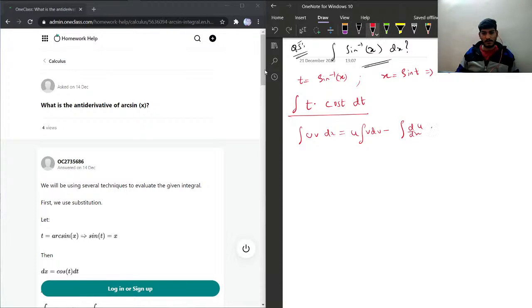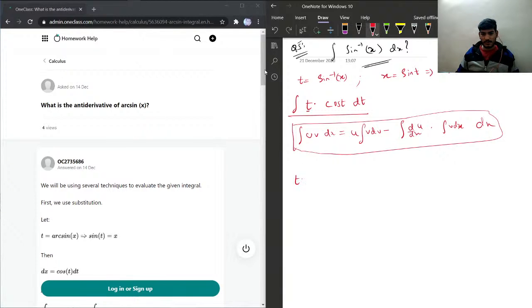Integration by parts was like, the integral of u times v dx will be u times the integral of v minus the integral of the derivative of u times the integral of v dx. So this is the formula. Here I'll take the constant function as t, so t will be my u and my v will be cosine of t dt.